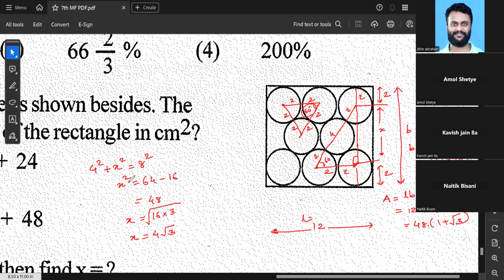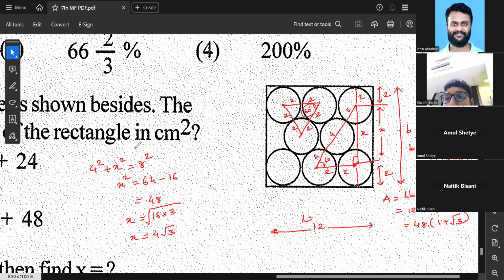Sir, according to that, it should be 1, no? Wait. This is x, this is 4, this is 8. 4 square plus x square is equal to 8 square. So the answer will be option 1.